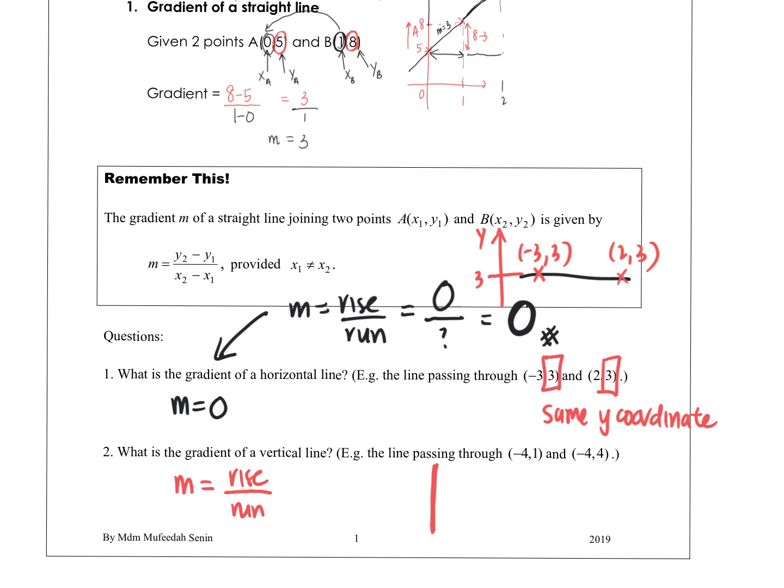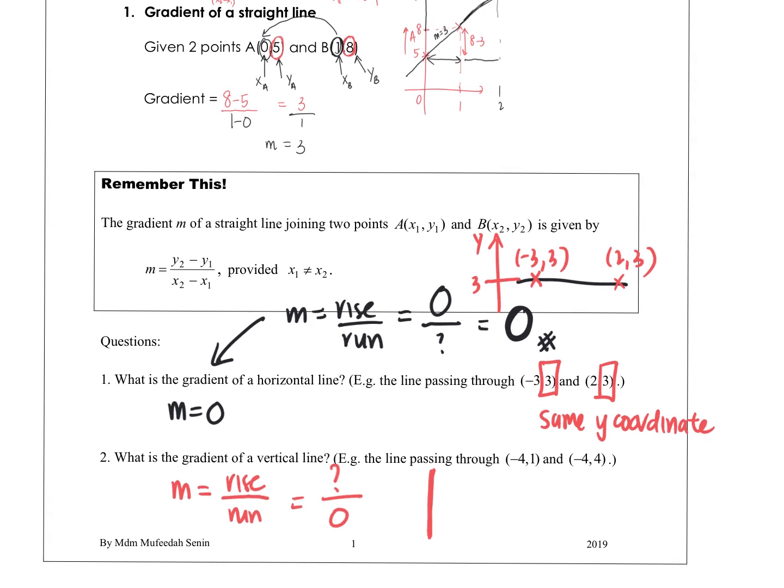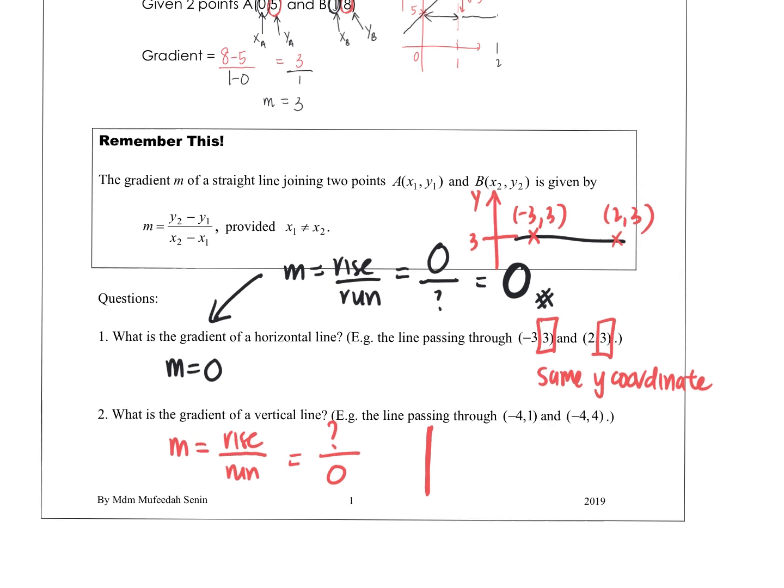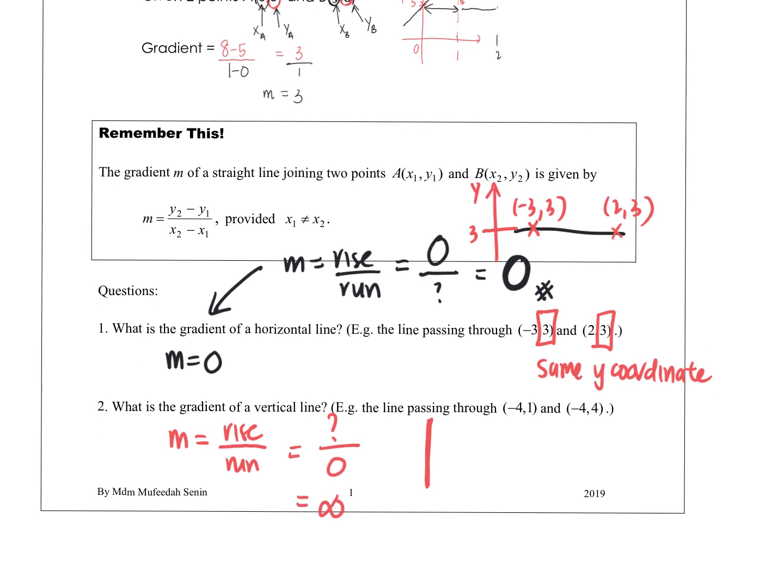It's just like Iron Man flying upward without moving any distance horizontally. So what I know is the run is 0. Can anything be divided by 0? Can you divide anything by nothing? No, so it's undefined. So the gradient for a vertical line is undefined.